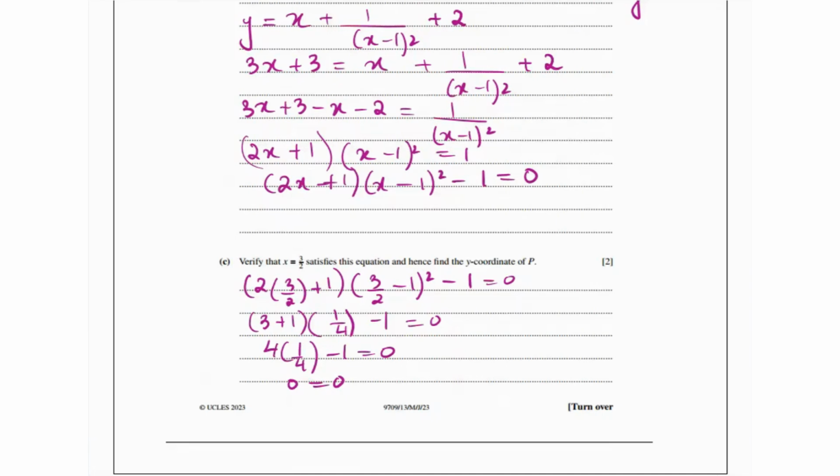So now for the y-coordinate of P, you put it into the linear equation. That's 15 over 2. That's the y-coordinate.